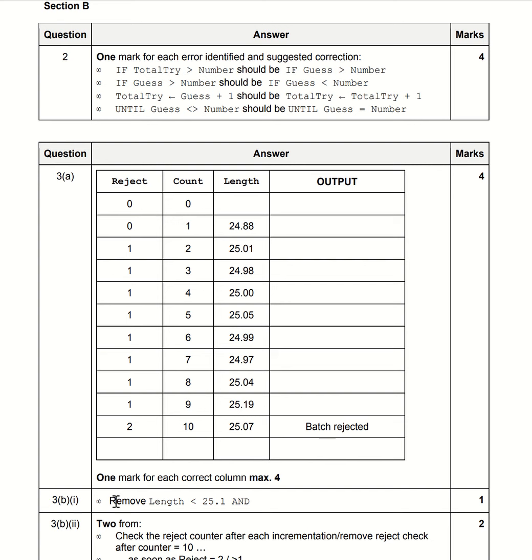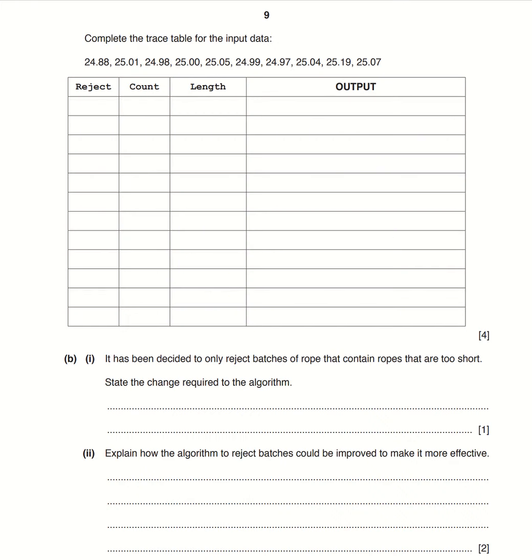Here we removed the check for length more than 25.1. What this does is remove this, and if the length is more than 25.1, it will still be accepted. That's the answer. If it is more than 25.1, then it's okay.